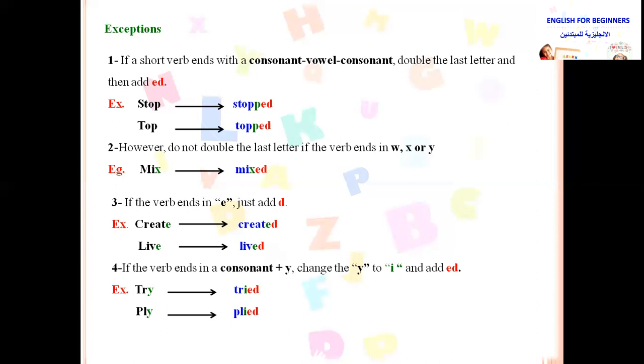We have two things: we need to change the letter y to the vowel i and add the ed, the form of the simple past. Example: try, tried. Here I turned the letter y to i and added the ed. Play, played. This is concerning the simple past exceptions.